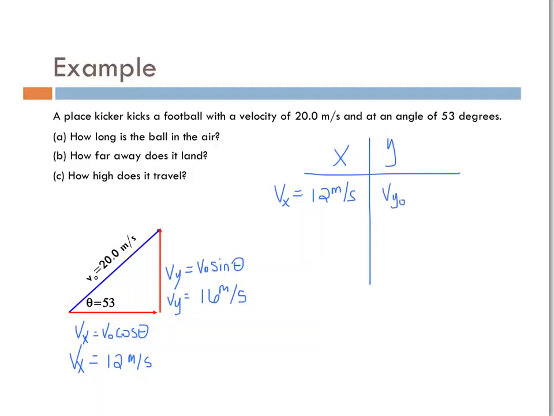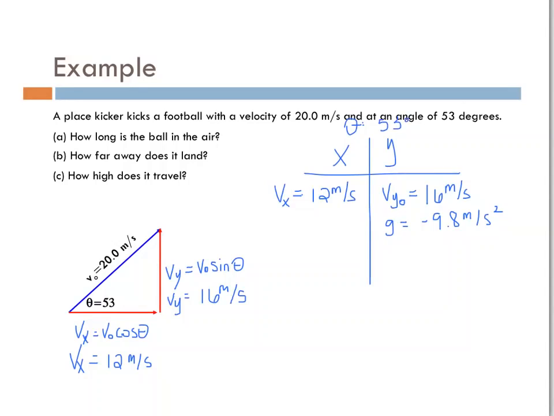For my velocity in the y direction, it is important to label this as an initial because we know that the velocity in the y will change. So this is 16 meters per second. Again, other piece of assumed information is that gravity is negative 9.8 meters per second squared. And we also know that our angle for both pieces was 53 degrees. So I can just label it here at the top.